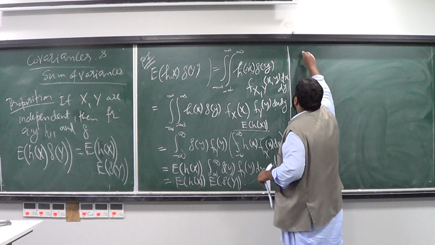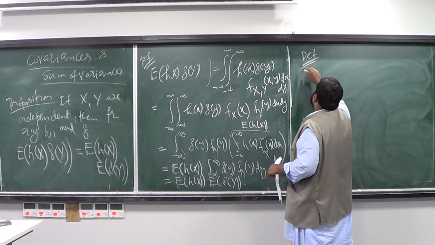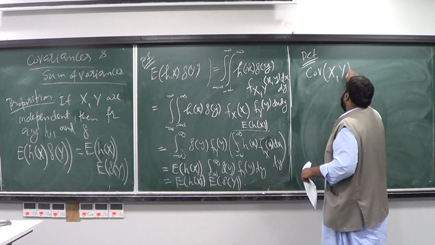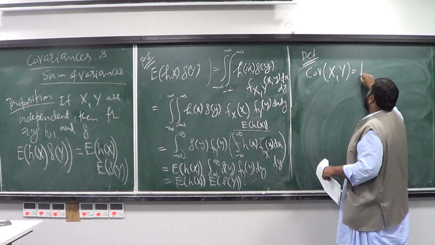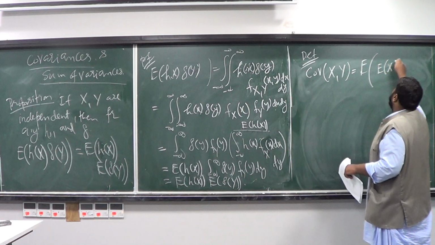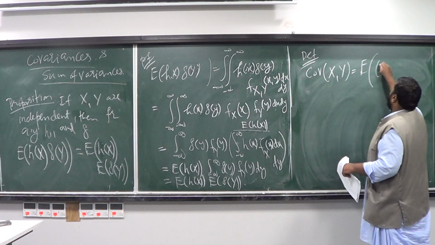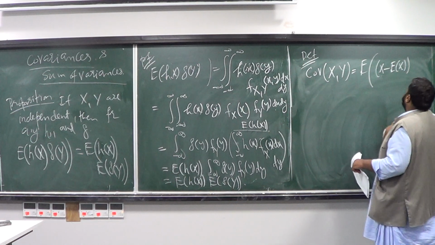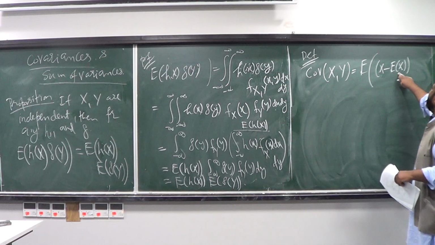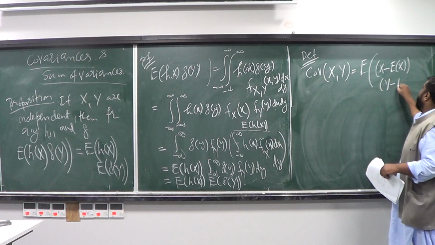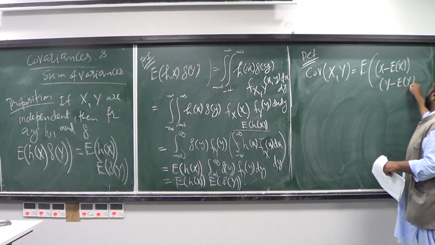The definition of the covariance of X and Y is the expectation of the product of how much X deviates from its mean times how much Y deviates from its mean.